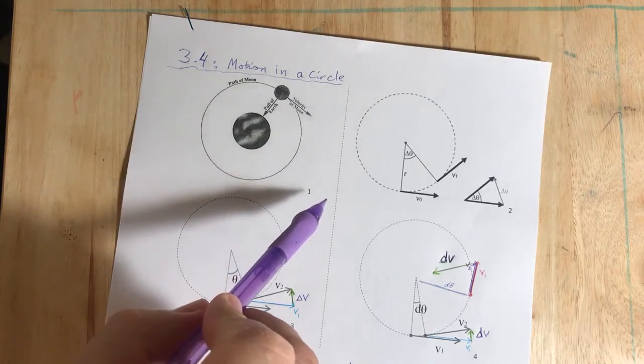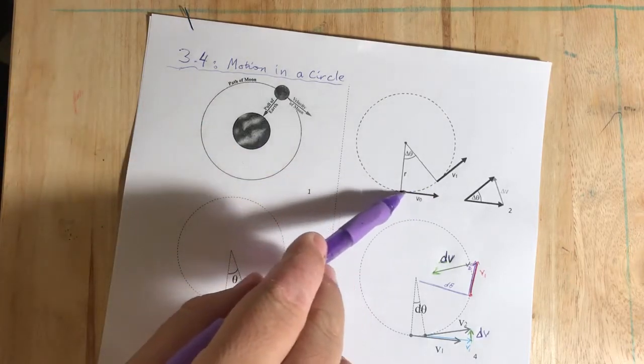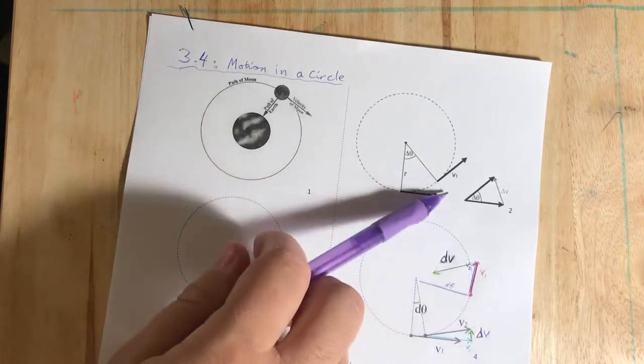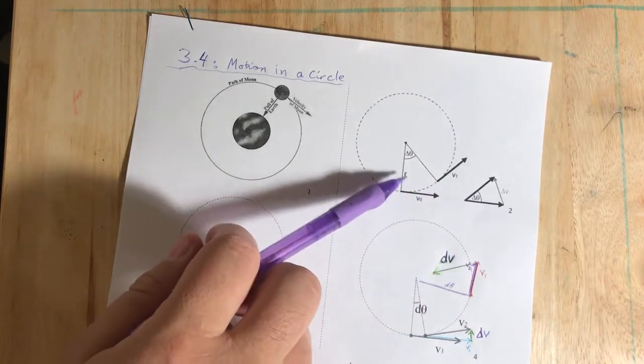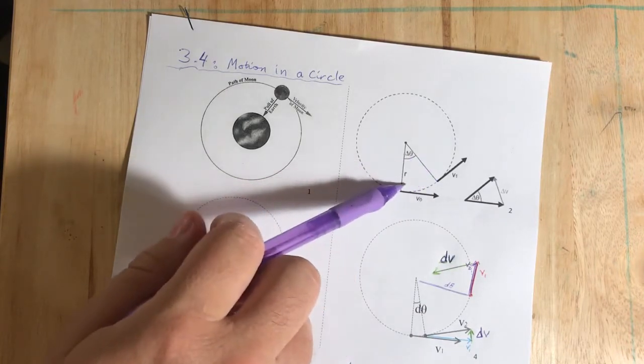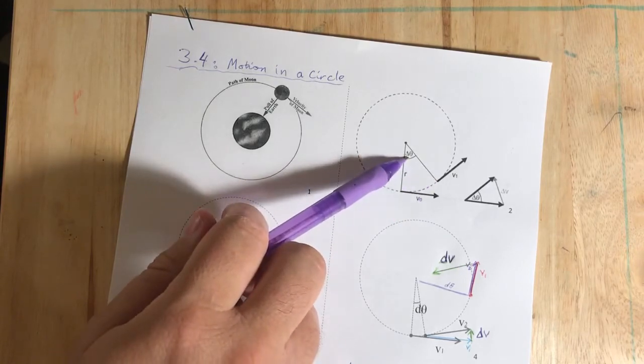What if we need to find the change in velocity? This is the initial velocity and this is the second after a period of time, and the change in angle from the first point to the final point is delta theta.